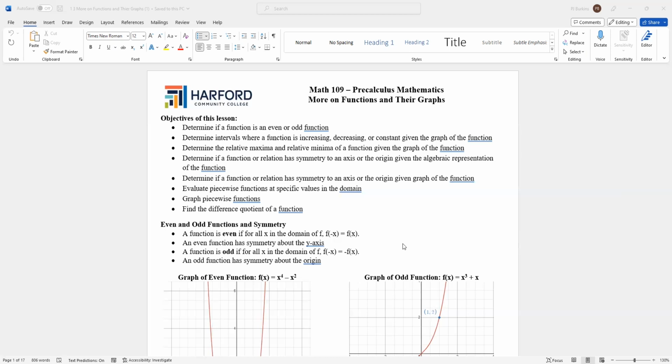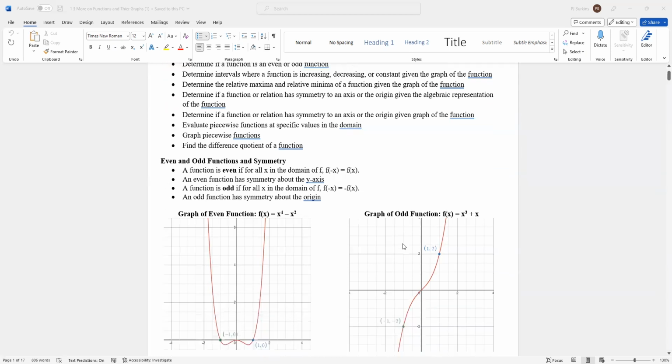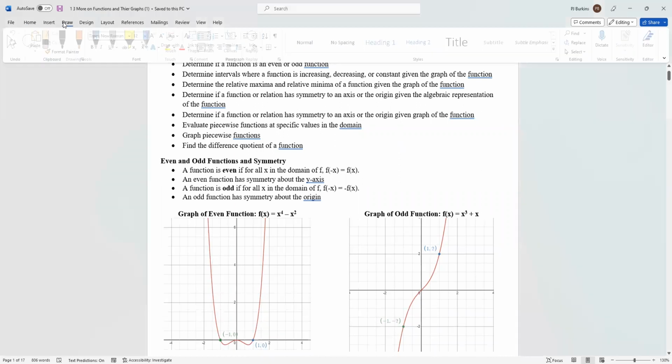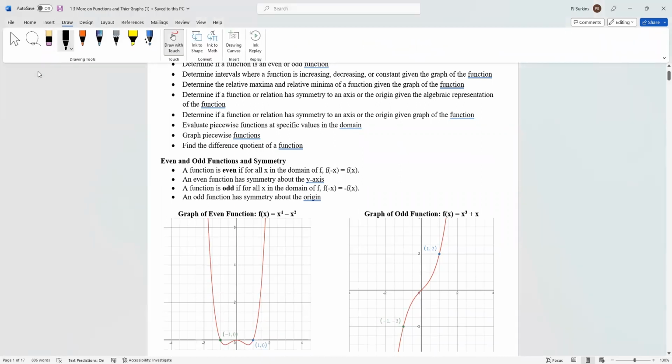So what does it mean to be an even function and what does it mean to be an odd function? So an even function means that if I plug negative x into the function, I get back the same result as though I plugged in x. So for instance, if I plug in -2 and I plug in 2, both of those equal the same number, let's say 5.